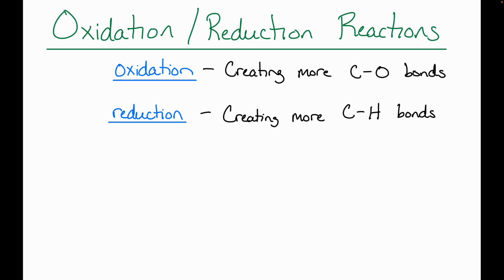All right, so if I took, for example, an alcohol, I could oxidize that to create an additional carbon-oxygen bond. So now I would have a ketone.